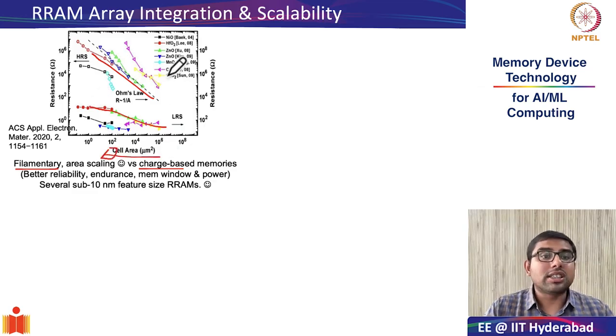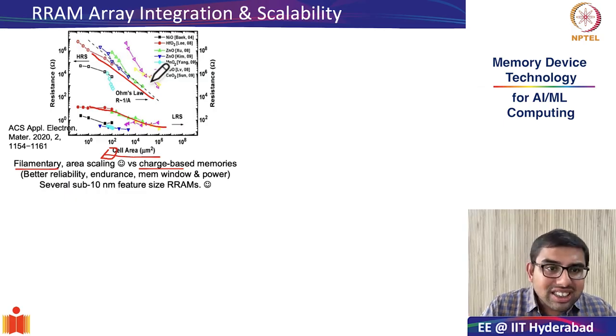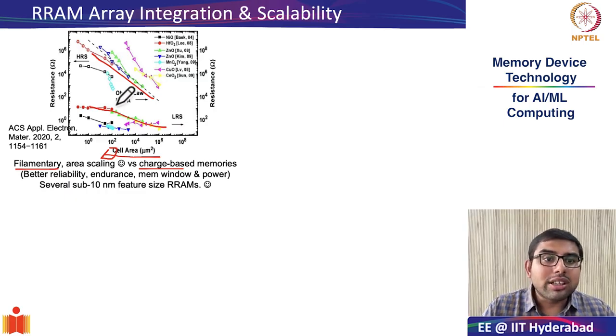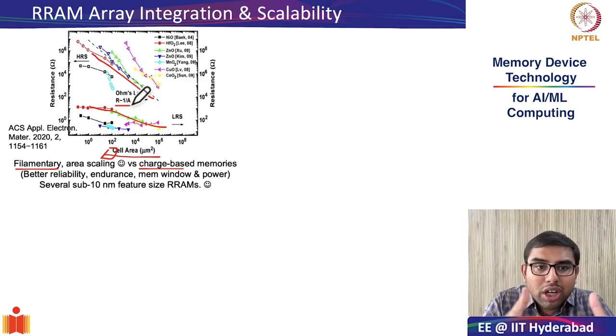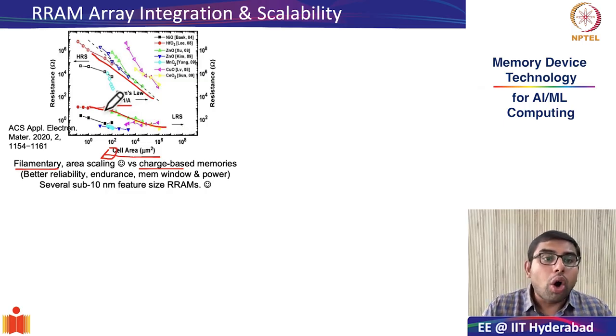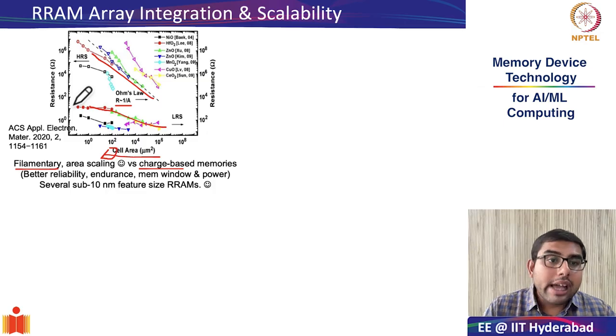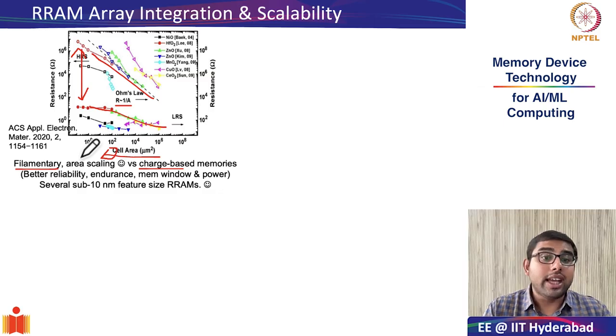This is easy to understand. The high resistance state increases because resistance is inversely proportional to the area of conduction, and the low resistance state also increases because the number of conductive filaments starts reducing as you scale down the area. As a result, the memory window starts increasing as we reduce the cell area.